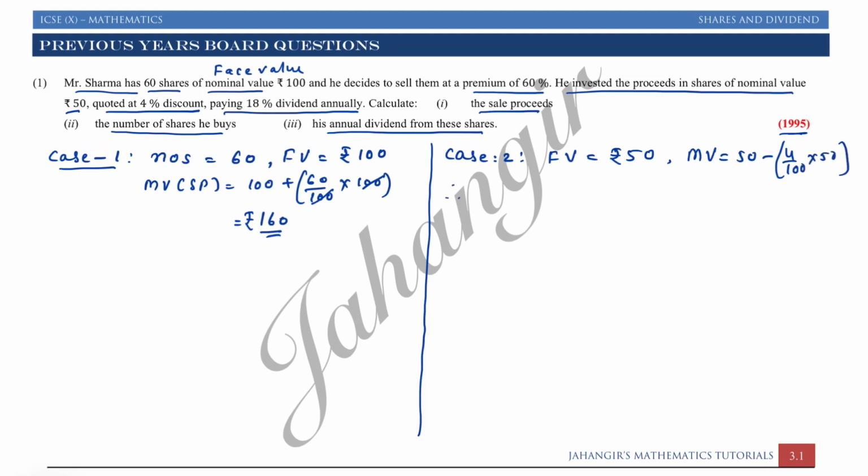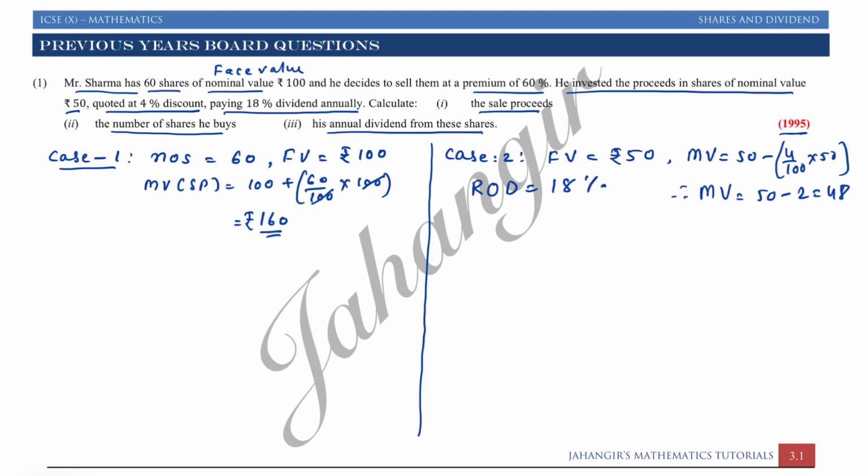Therefore MV is 50 minus 2, that is 48 rupees. And what is given, it's paying 18% dividend. So ROD is 18%. Okay, these are the information which we get.